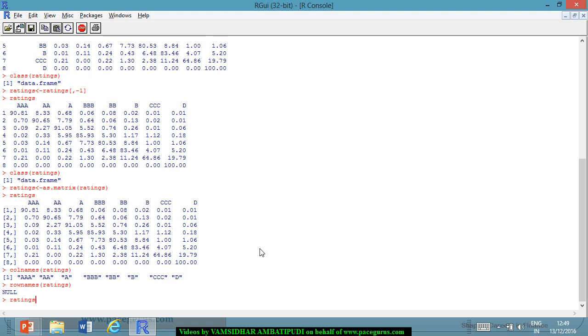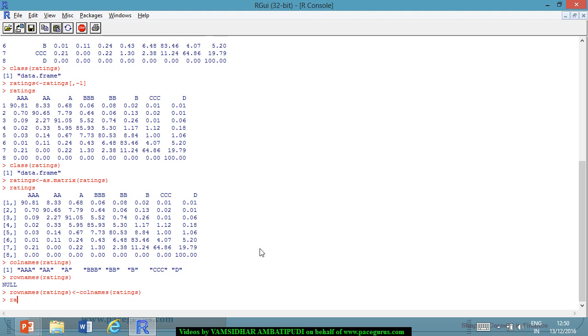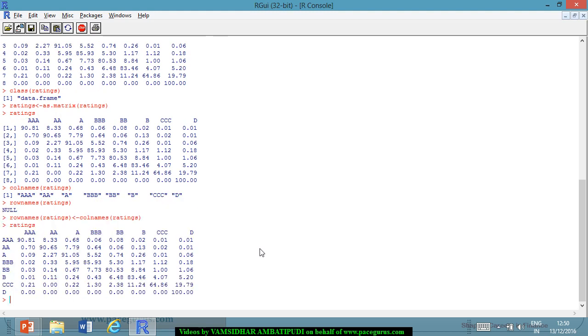So that's where I'll assign the row names the same as the column names, colnames of ratings. Now let's see ratings. If I am typing in, yes, I got it. So this is what is actually a transition matrix.